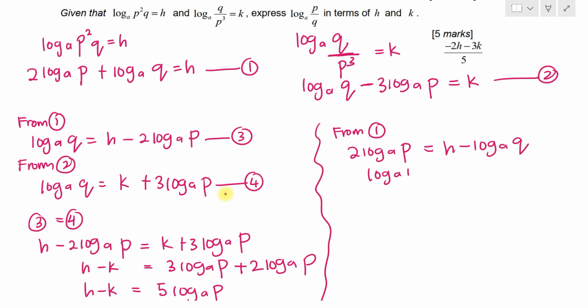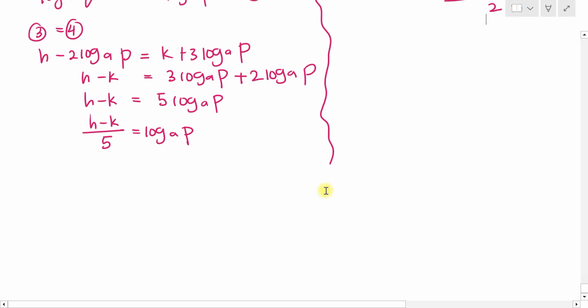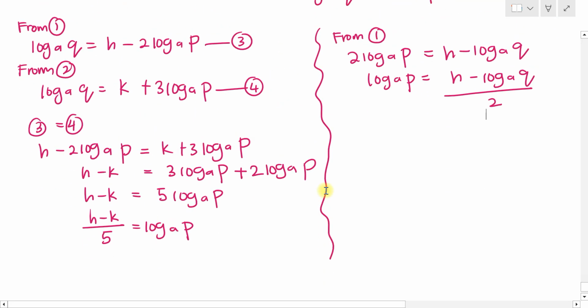So log AP is basically H minus log AQ over 2. Okay, I try to equate. This one is equation 5.